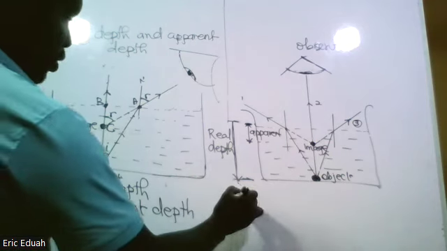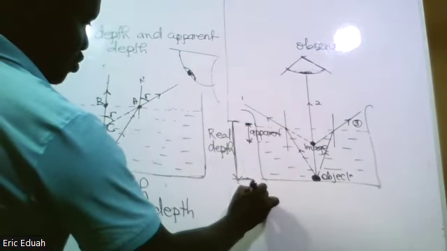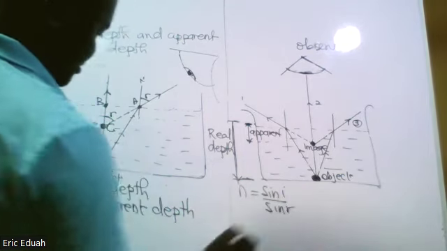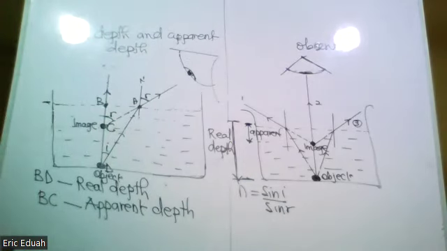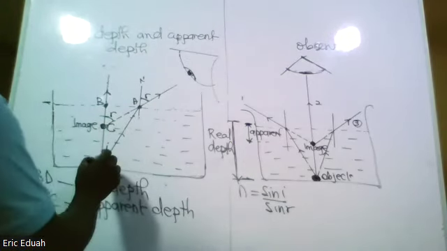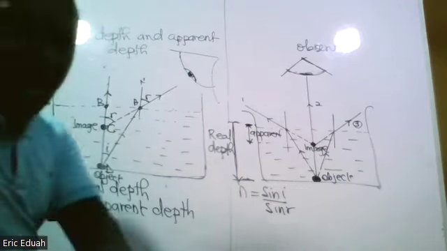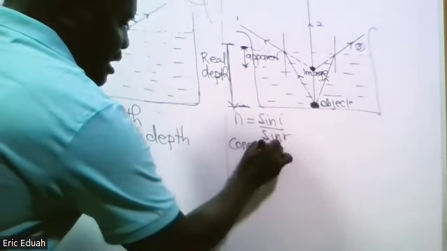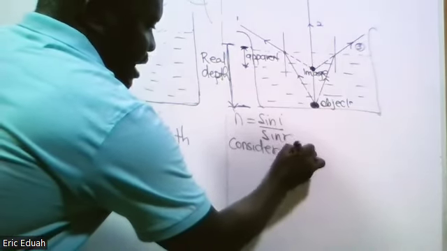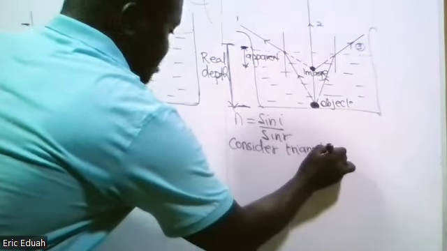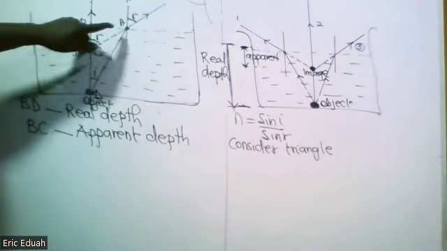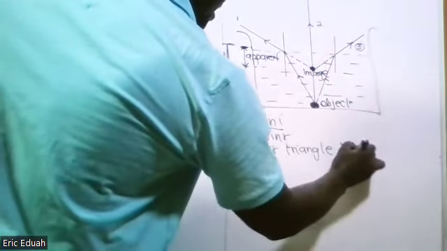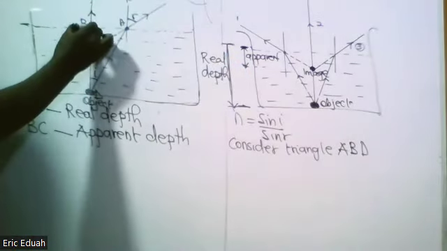Okay. We know refractive index to be sine I over sine R. So if we consider this triangle, consider triangle ABD. ABD is a right angle triangle.